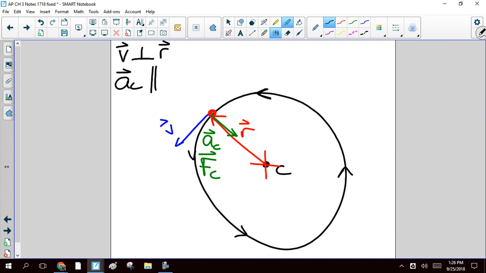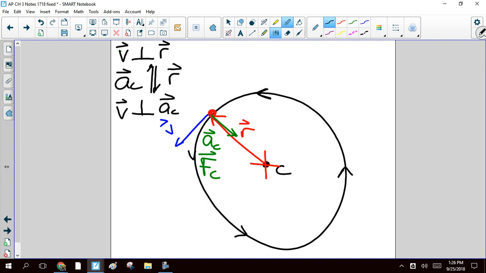So this would be the symbol for parallel. For anti-parallel, I don't even know if this is real notation or if I made it up, but I make two little arrows, one pointing up and one pointing down, to indicate that they're parallel but in opposite directions. So our acceleration vector is anti-parallel to the radius vector. That means our velocity is also perpendicular to the acceleration.